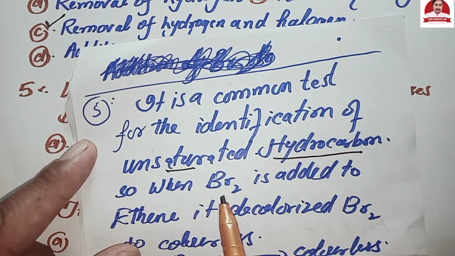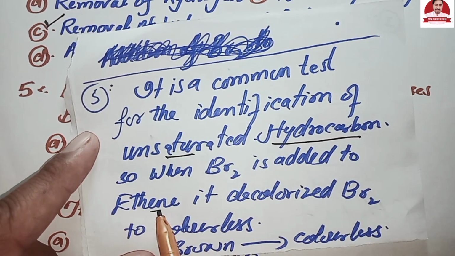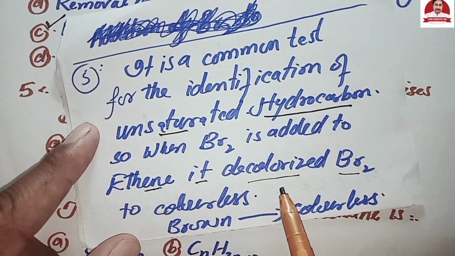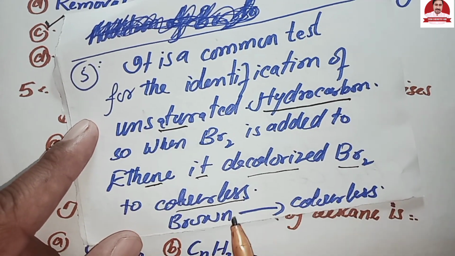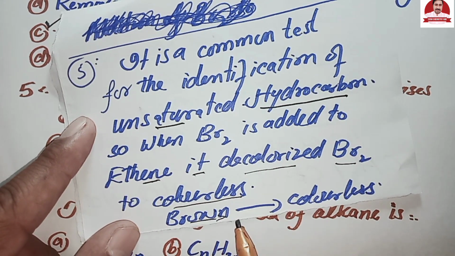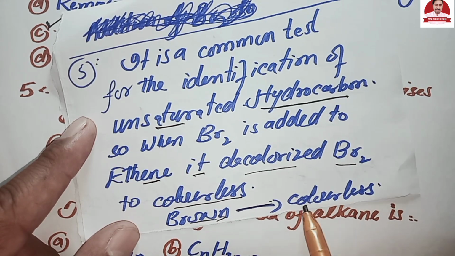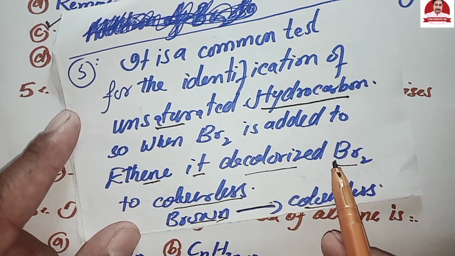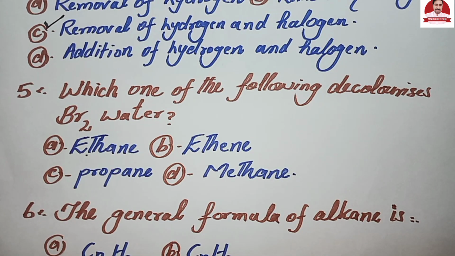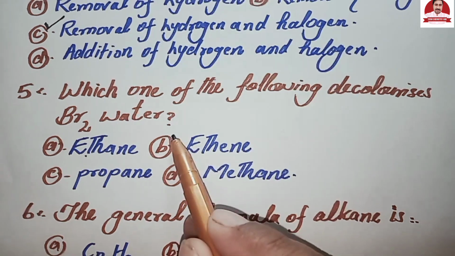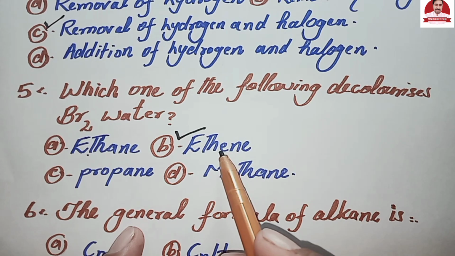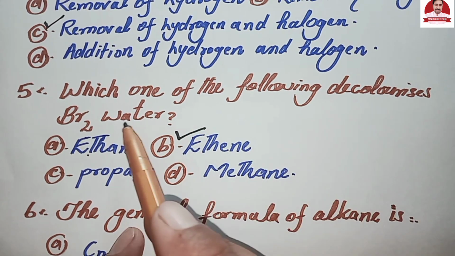So when bromine is added to ethene, it decolorizes the bromine water from brown color to colorless. So here the option B is correct, that is ethene decolorizes the bromine.